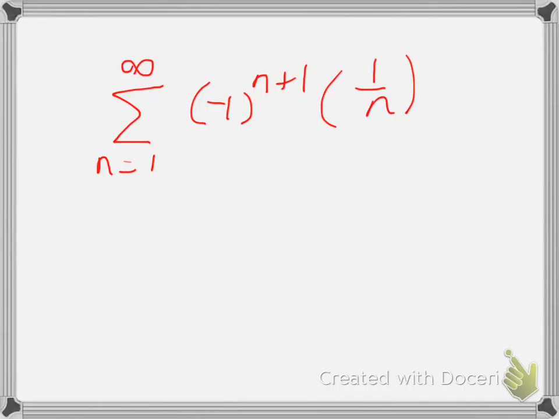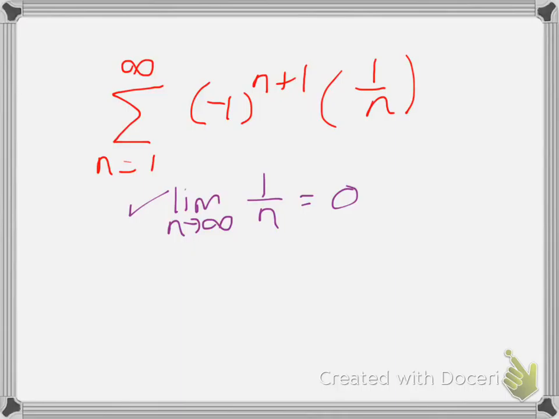Well, the -1 to the n plus 1 is there, so we're not thinking about the p-series, because a p-series doesn't alternate, okay? So we're trying to figure out, what's the limit as n approaches infinity of 1 over n? What's the limit? 0. Top has less degree than the bottom. That condition is true.